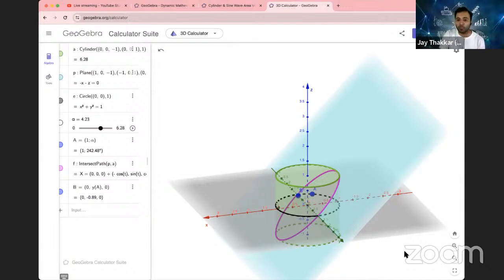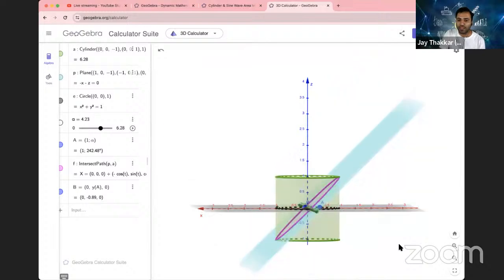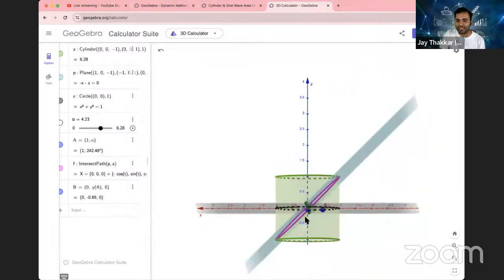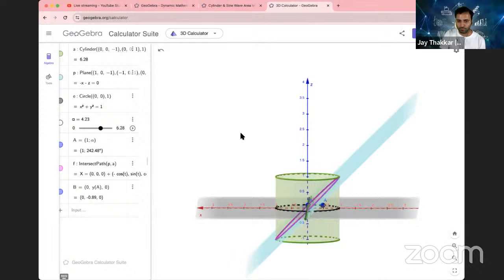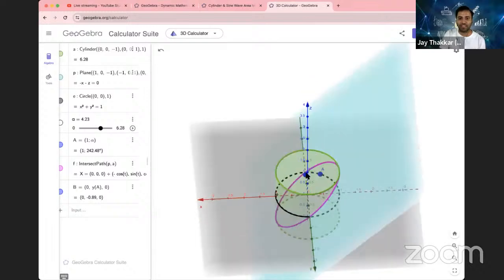Z means, on this pink path, the height is lower in some places. If you look from exactly here, whenever this angle is 0, the height is maximum. It's 1. When the angle is 90 degrees, the point comes here, which is on the pink path, and then the height would be 0.